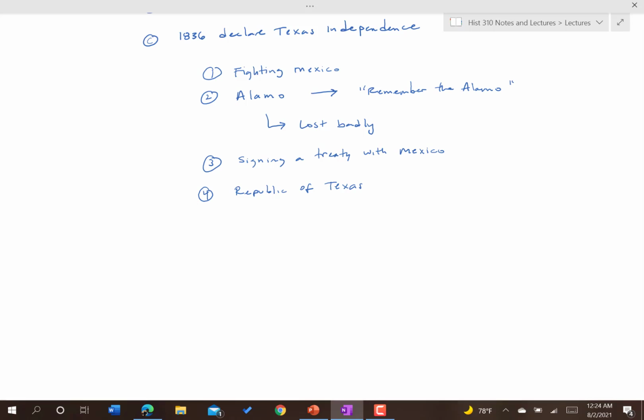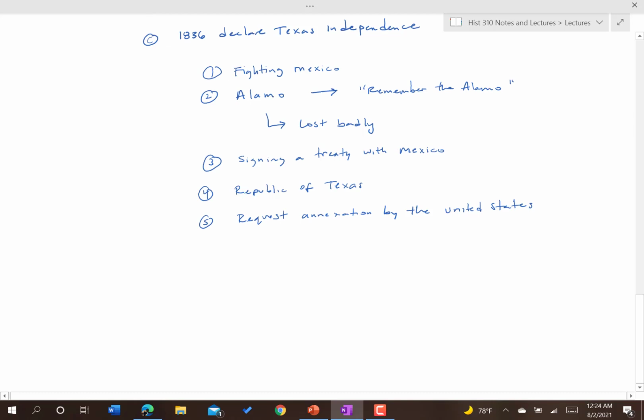So one of the things that they did with this is that there was a request. Texas sometimes pretends that they didn't do this, but they requested annexation by the United States to looking into having Texas become a state.